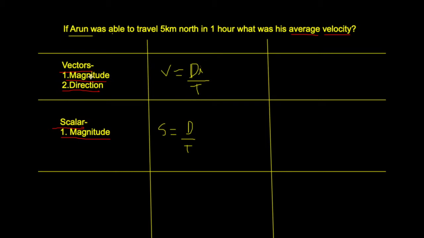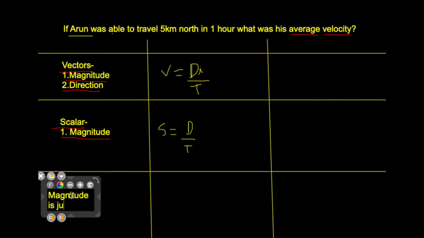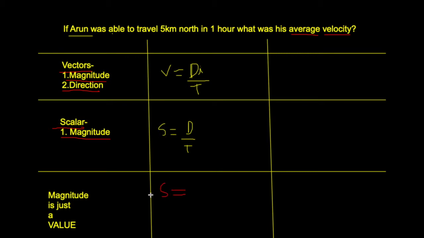Magnitude is simply a numerical quantity, a value. Magnitude is just a value. For example, we can say speed has a value, since we can say speed is equal to 10 kilometers per hour.